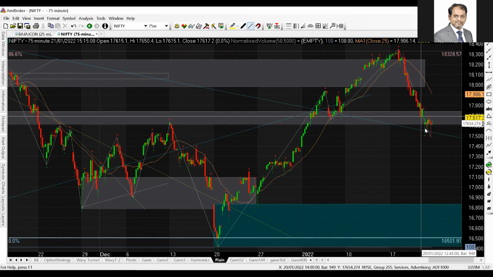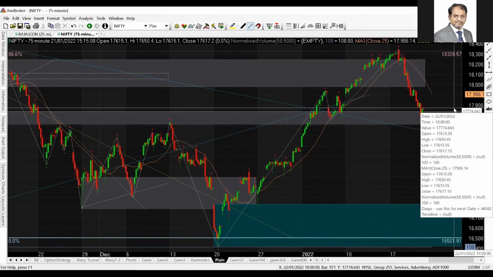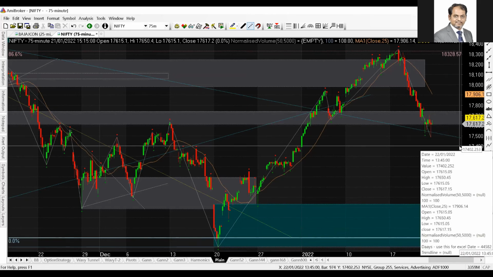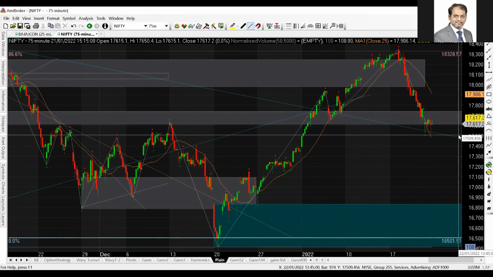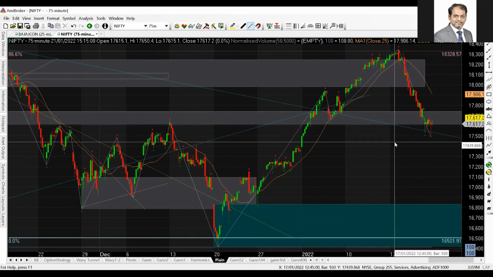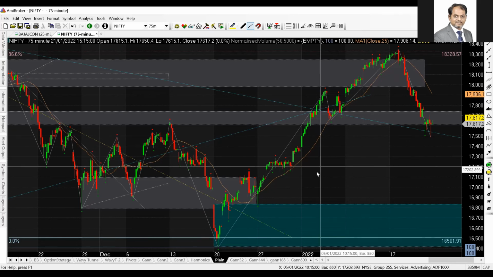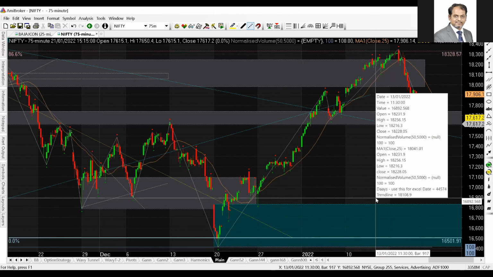So I don't expect it to be broken immediately like this. I expect the markets to honor these levels, go up, and that would be my opportunity to go short in this market, hopefully. Or if it breaks, then I might wait for it to break and then come back for the support and then go up. So I hope I have made myself very, very clear about how I expect Nifty to behave.